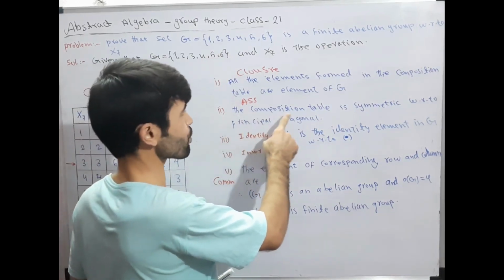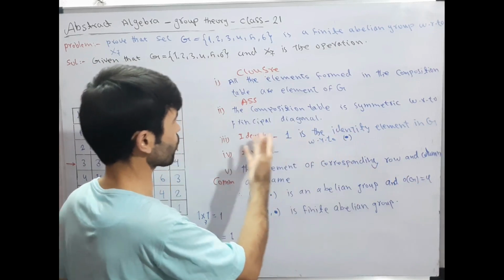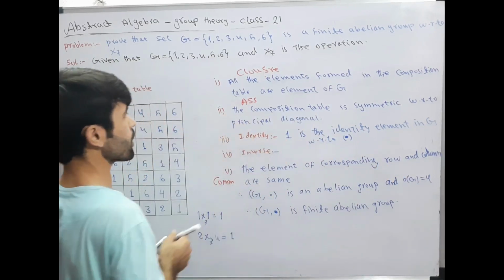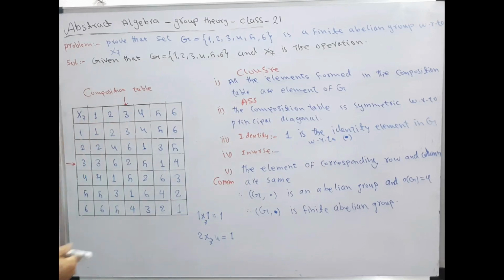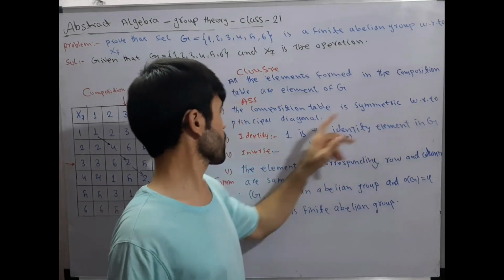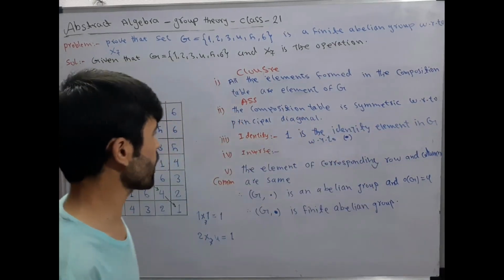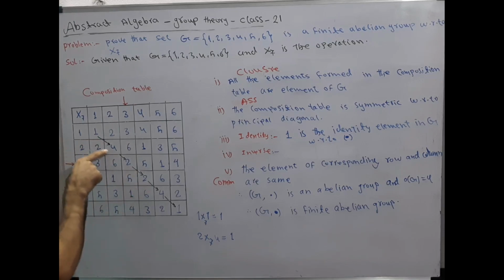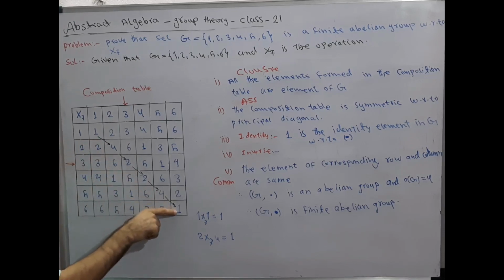Number 2, the composition table is symmetric with respect to the principal diagonal.